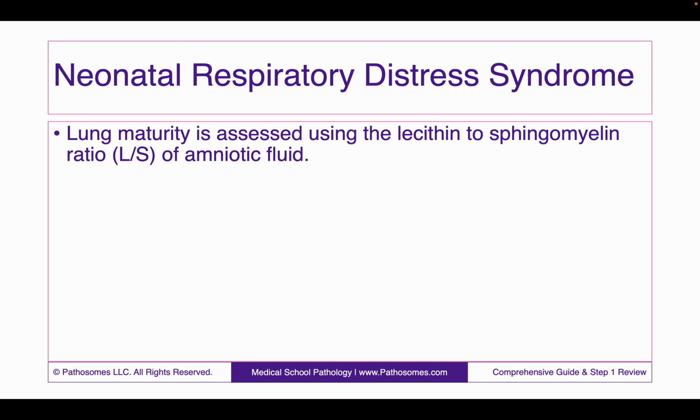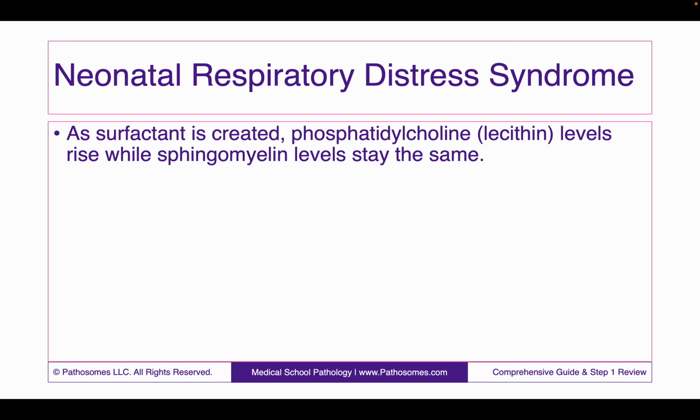In fact, lung maturity is assessed utilizing the lecithin to sphingomyelin ratio, or the LS ratio, of the amniotic fluid. As surfactant is created, the phosphatidylcholine, aka lecithin, those levels will rise while the sphingomyelin levels stay the same.